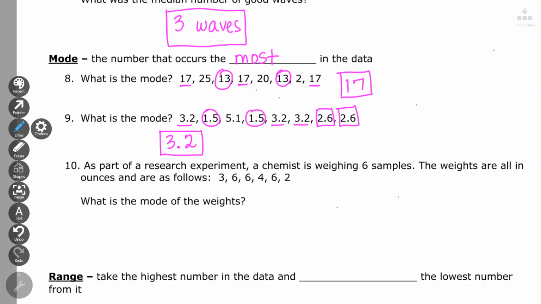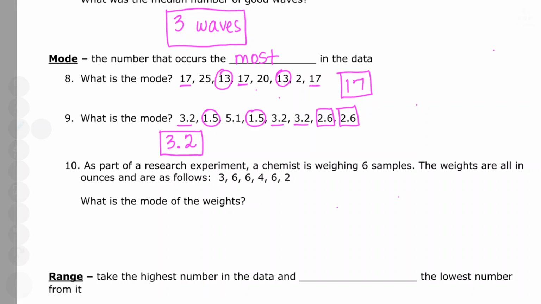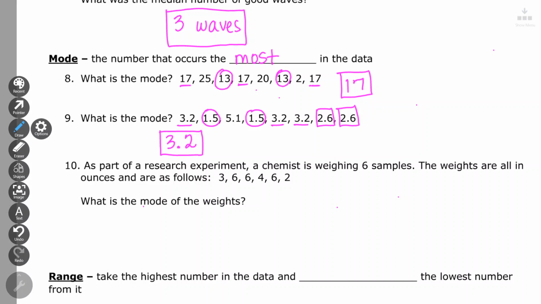Number 10. As part of a research experiment, a chemist is weighing 6 samples. The weights are all in ounces and are as follows: 3, 6, 6, 4, 6, and 2. What is the mode of the weights? So they want to know the mode. Remember, that's the number that occurs the most.